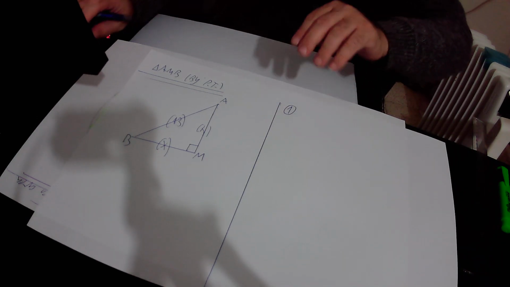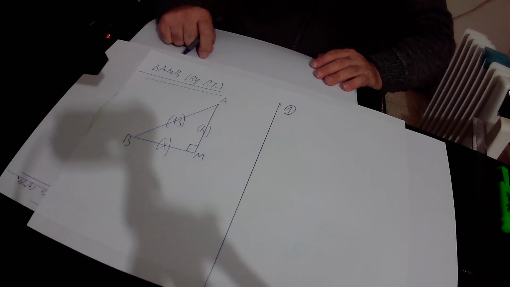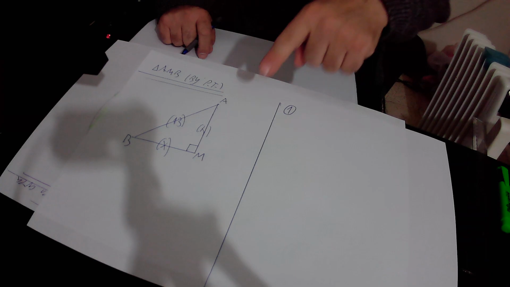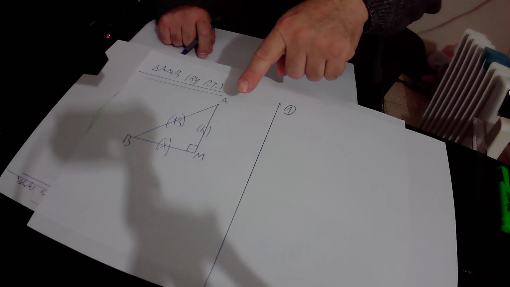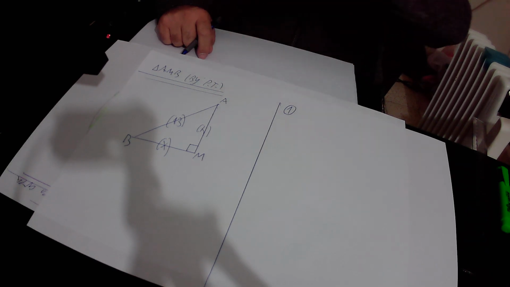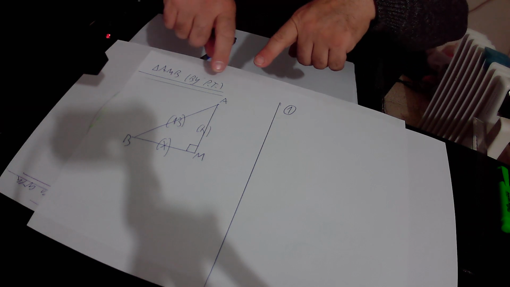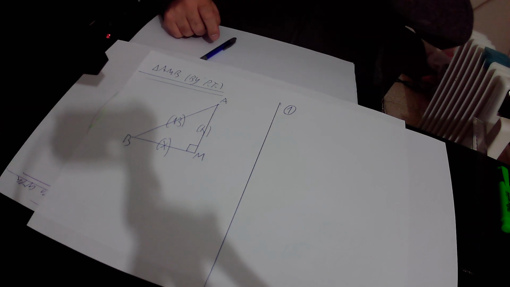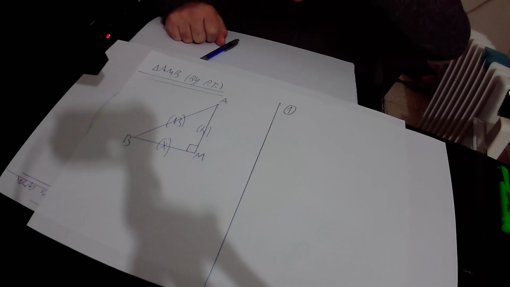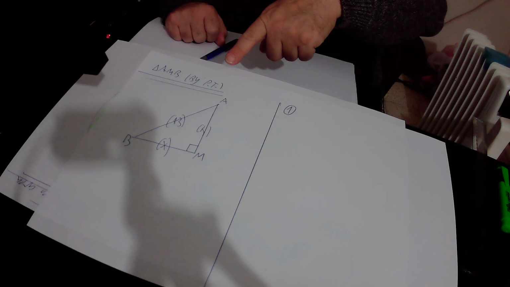So this is triangle ABM that I copied from the original drawing. AM equals H and BM equals X according to our definition. And it is given that side AB equals 13 units in length. Here PT is the evaluation for the Pythagoras theorem.